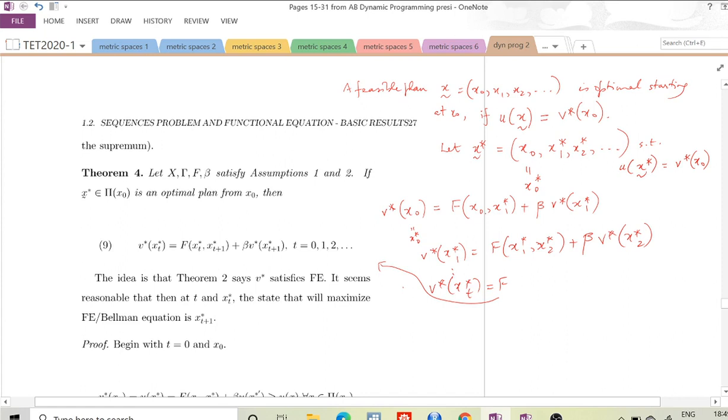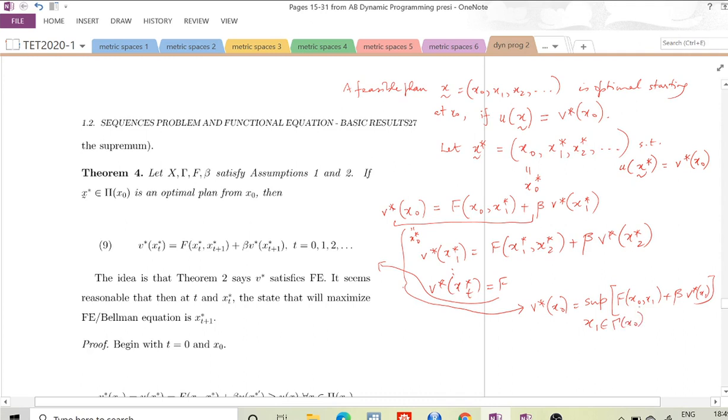So what is the significance of this? Look at this one. We know that if x, gamma, f, beta satisfy assumptions 1 and 2, then V star satisfies the functional equation, right? So V star of x naught is equal to sup of f of x naught x1 plus beta V star of x1 over all feasible x1, right?